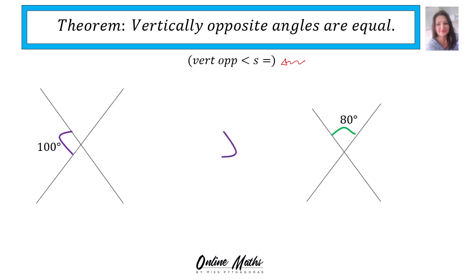Then this angle over there is also 100 degrees, and your reason is vertically opposite angles. And on the right hand side, there you find an angle that's 80 degrees, and this is the vertically opposite angle, and it's also 80 degrees.